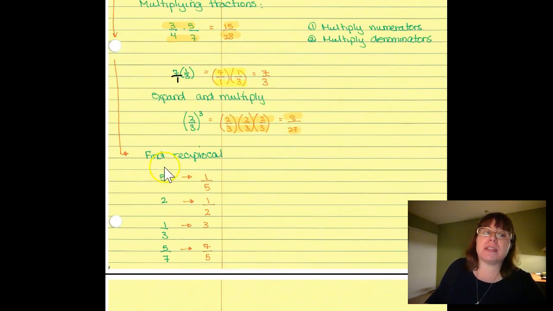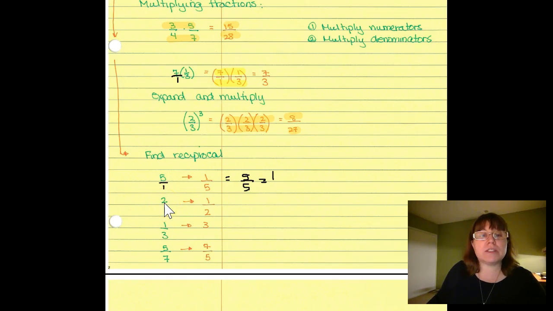Now let's think about this. Let's find the reciprocal. So the reciprocal of 5, well, that's really 5 over 1. The reciprocal is going to be 1/5. Why? Because 5 times 1 is 5, and 1 times 5 is 5, and 5 over 5 is 1.